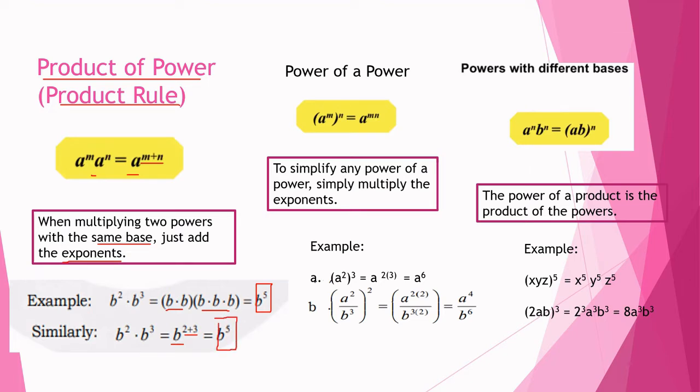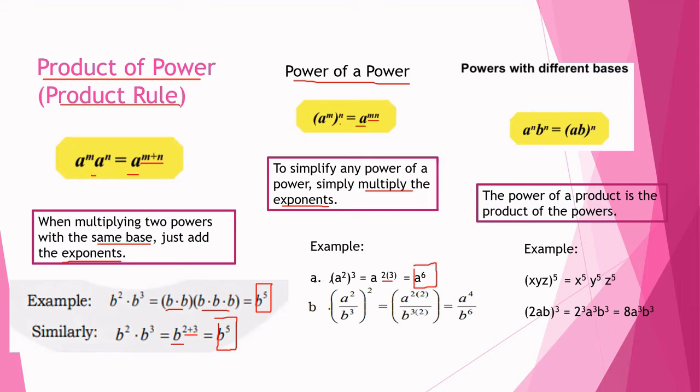Next, number 2, we have power of a power. The quantity of a raised to m, raised to n, is equal to a raised to m times n. Now, to simplify any power of a power, simply multiply the exponents. For example, the quantity of a squared raised to the 3rd power is equal to a to the 2 times 3, which is a raised to the 6.